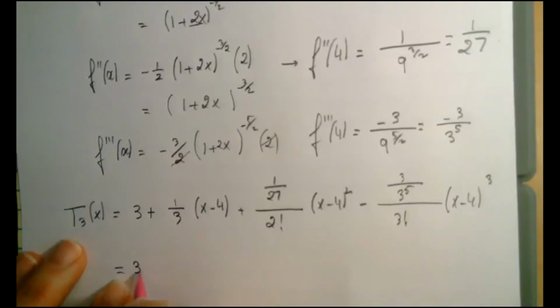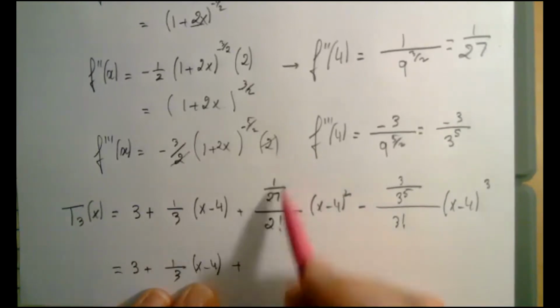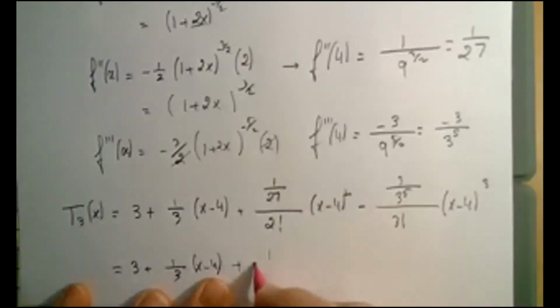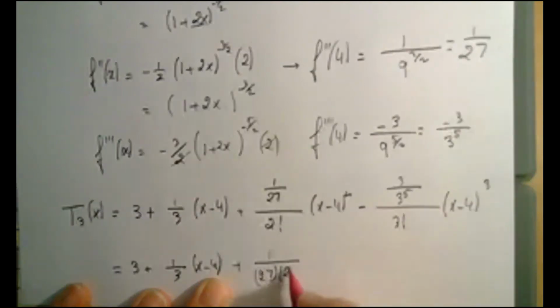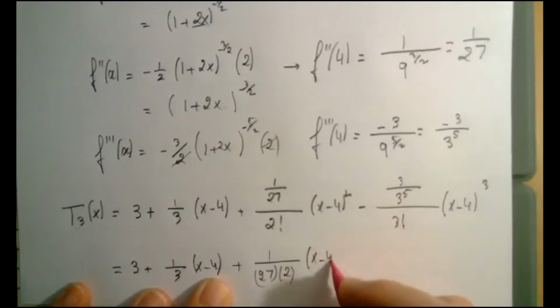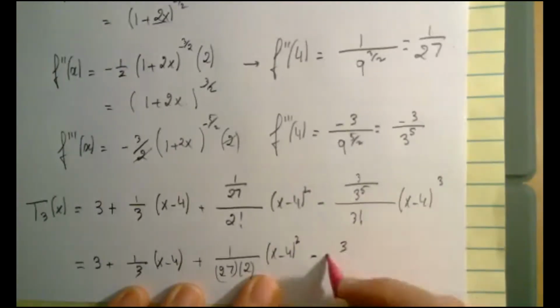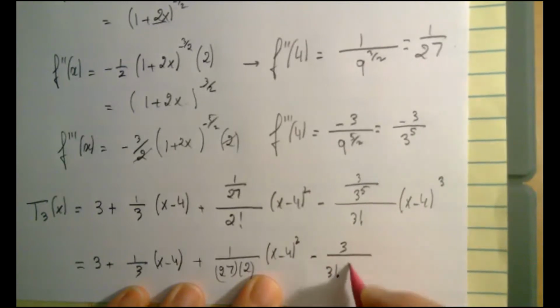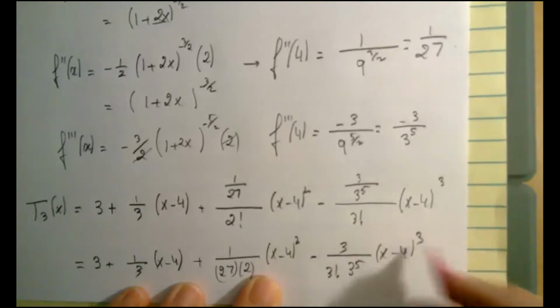And of course, we're not allowed to do that without some simplification in order. 1 over 27 divided by 2 means it will become 1 over 27 times 2, which is, of course, we know the answer. And this would be 3 over 3 factorial 3 to the 5 x minus 4 to the power 3.